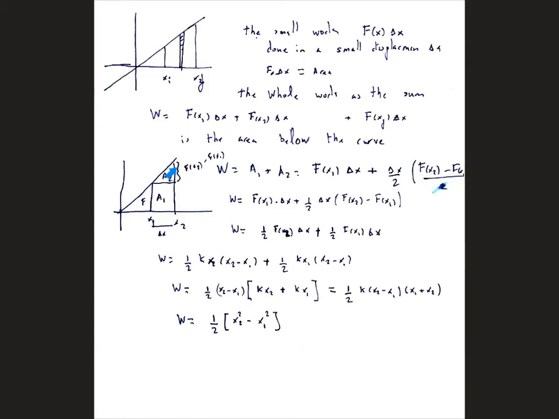And the area of the triangle is 1/2 of the base, that is delta x, times the height. The height is F of x2 minus F of x1. F of x2 is everything, F of x1 is this, so F of x2 minus F of x1 is the height. If you calculate, you can prove it. It's easy to prove, and you can find this result.